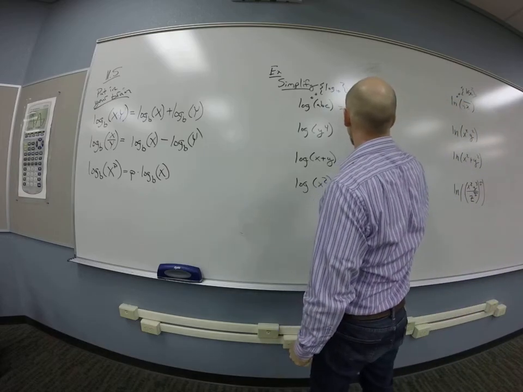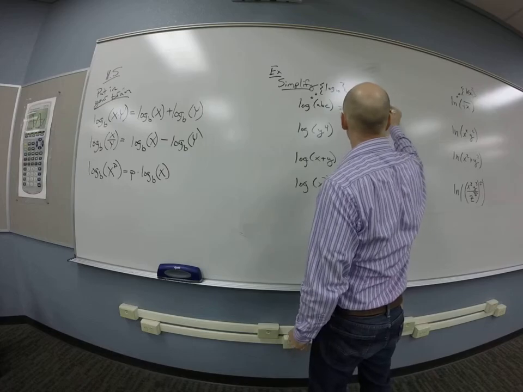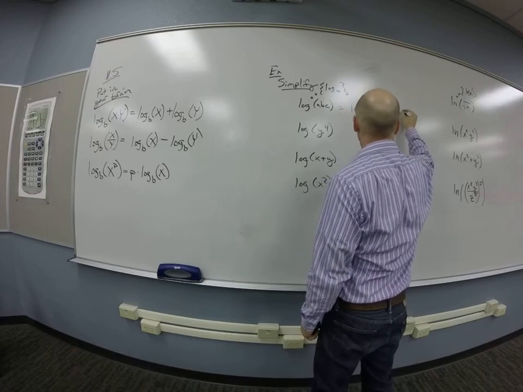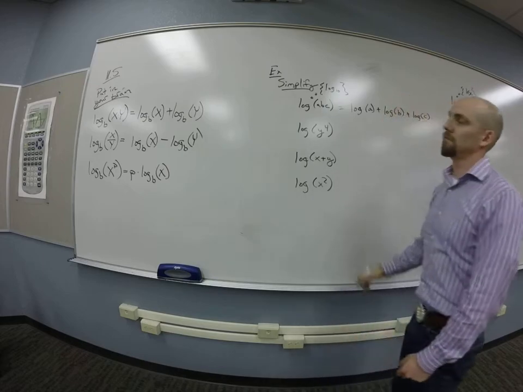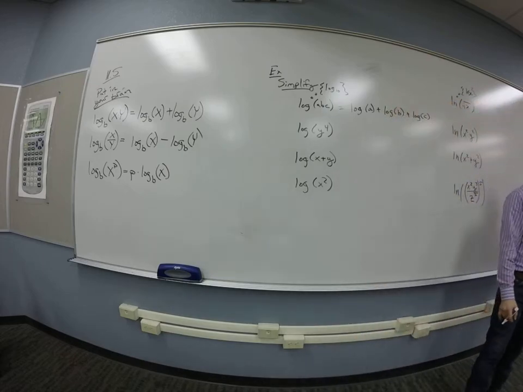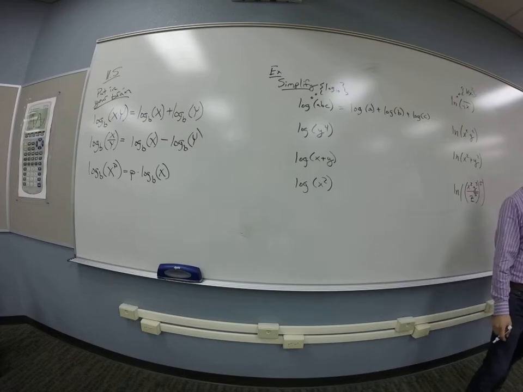Yeah, I could make it into log of a plus log of b plus log of c. Is that simpler? I don't know. Is it more useful in some situations? Oh yeah. Yes. Cool.